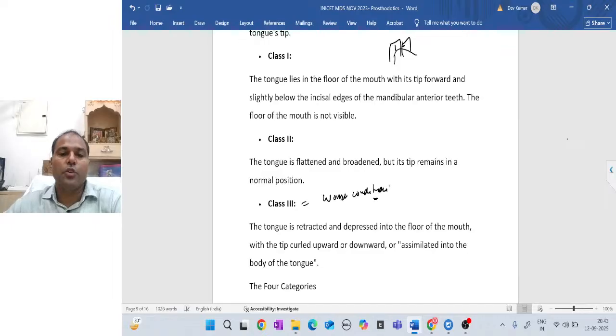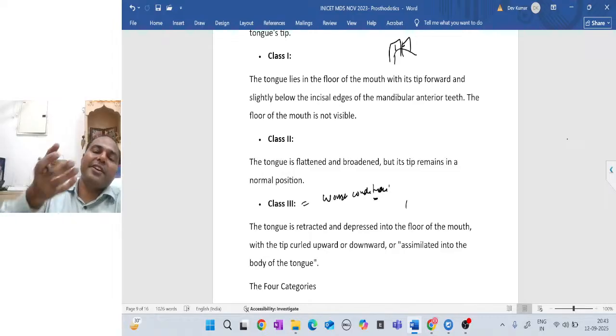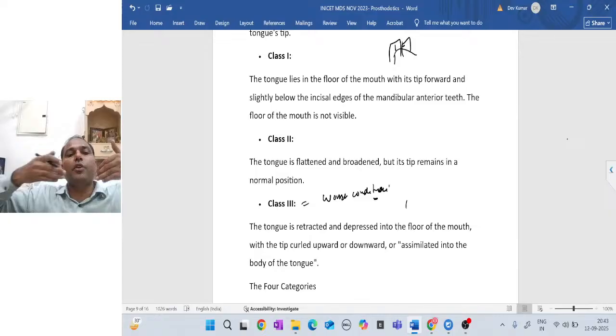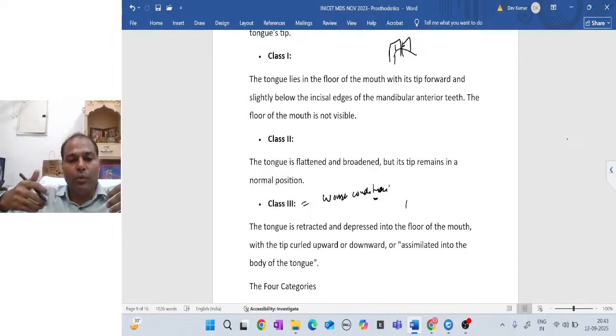Why? Okay, tongue जो हो जाती है वो you may see some patients who have a retracted tongue. The body, the tip gets assimilated in the body of the tongue. There is no tip. The tongue is curled upwards and downwards, and the patient, when he opens the mouth, he retracts the tongue, and the lingual seal, alveolingual seal cannot be formed.